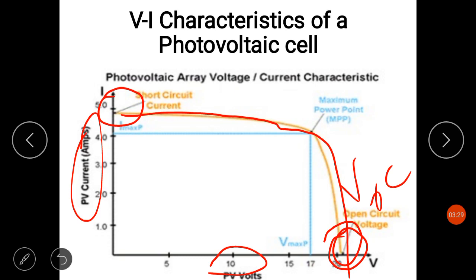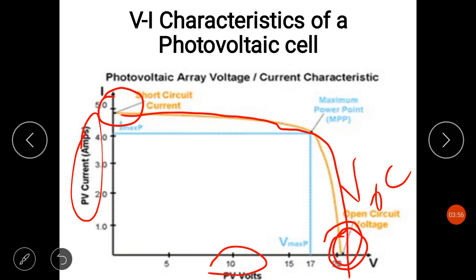In both situations either the voltage is 0 or the current is 0. For finding the power we need both voltage and current. So neither situation generates any electrical power, but there must be a point somewhere in between where the solar cell generates maximum power.